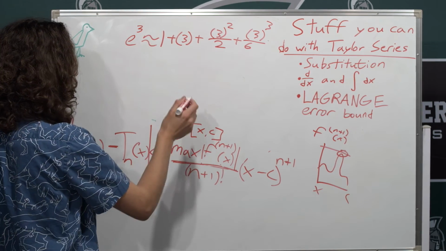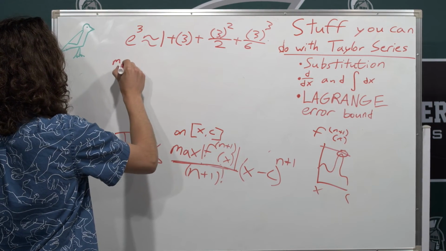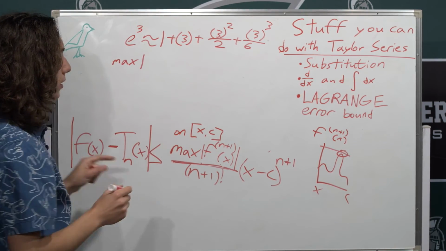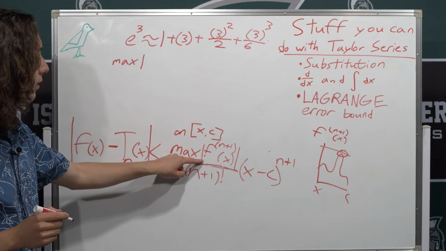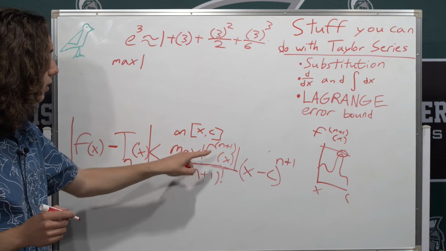it is closer than the maximum of the nth derivative of e to the x, which is still e to the x.